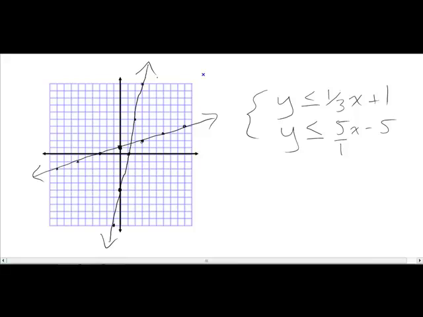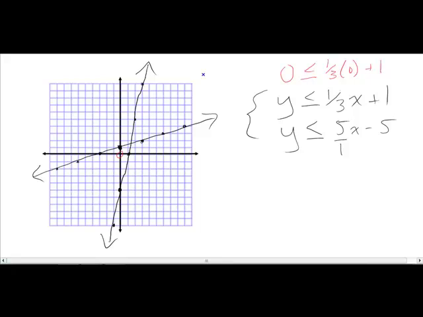Now we need to figure out where the solution is. What points are less than or equal to both of those lines? You could try 0, 0, but what you'll find is that it is not a solution, and let me show you why. If I plug 0, 0 into the top inequality, I get 0 is less than or equal to 1/3 times 0 plus 1.